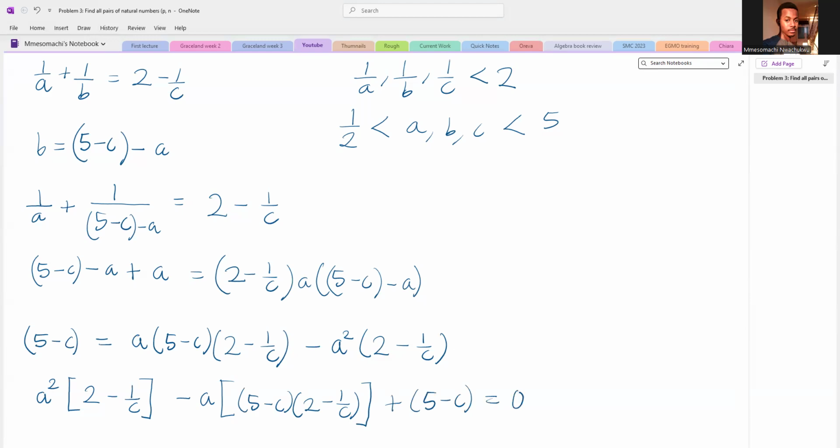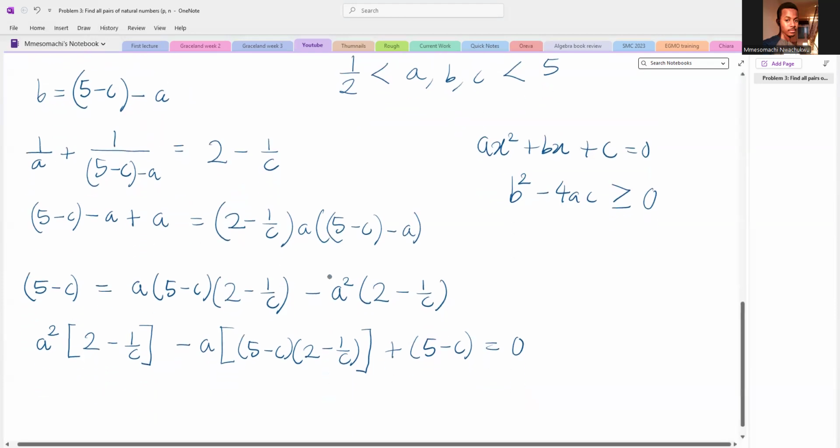Now recall, for a general quadratic equation AX squared plus BX plus C equals 0, for the roots to be real, we need the discriminant, B squared minus 4AC, to be greater than or equal to 0. So here, let's calculate the discriminant.